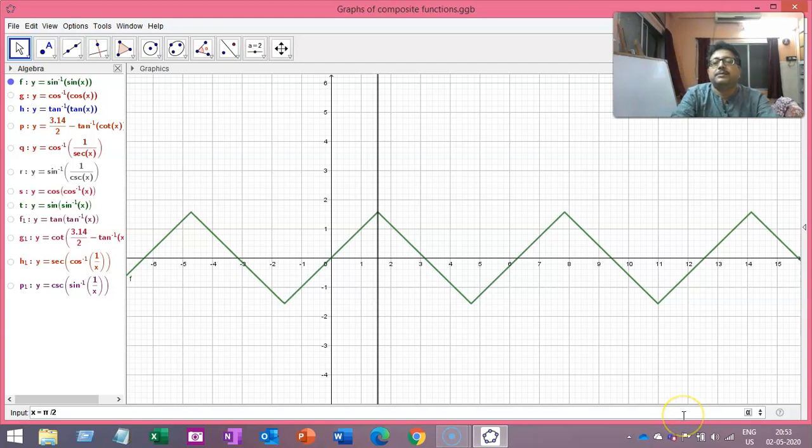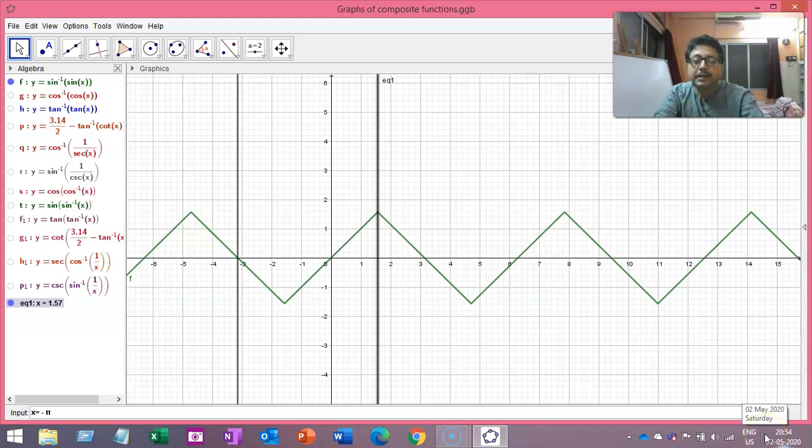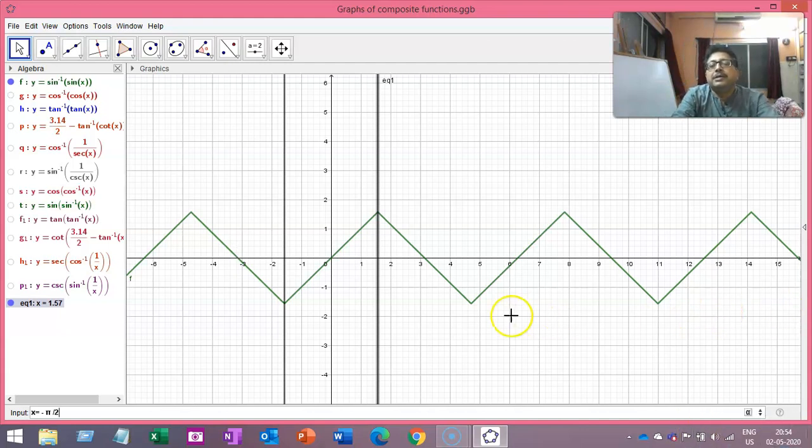See, this is x equal to pi by 2. If we go on plotting x equal to -pi by 2, you will see that the graph is y equal to x between -pi by 2 to pi by 2. So sin inverse sin x will give you the identity function x in this interval.